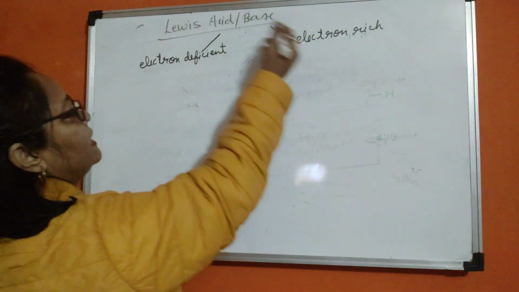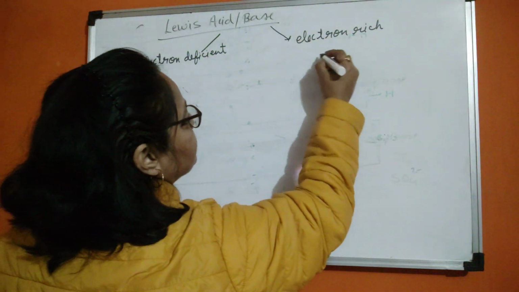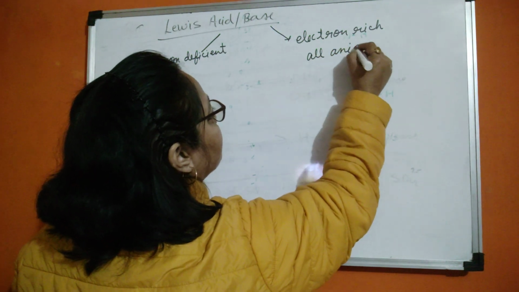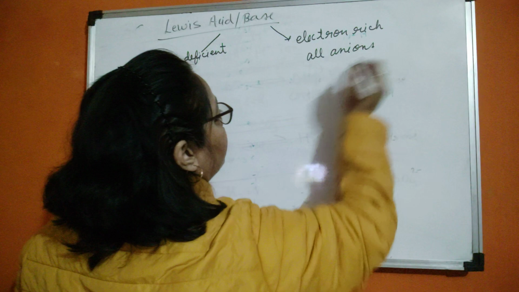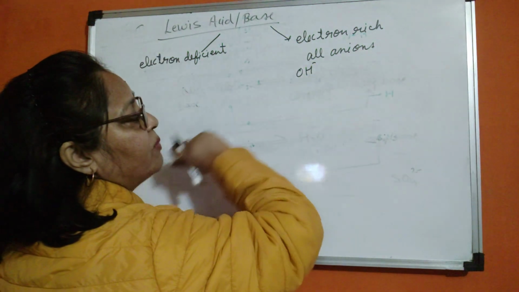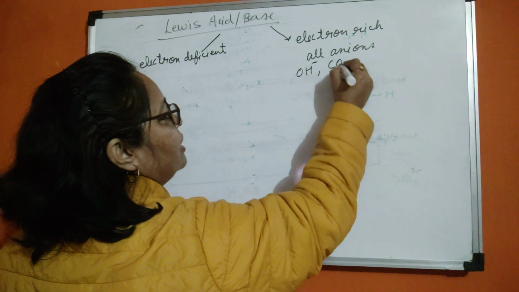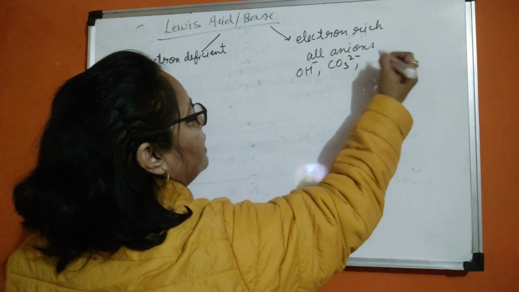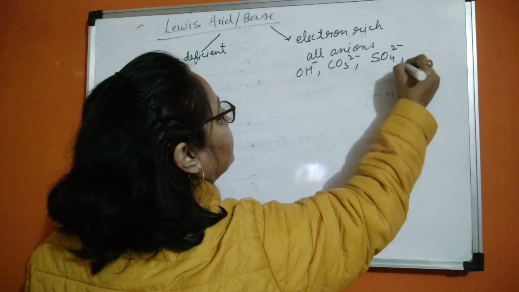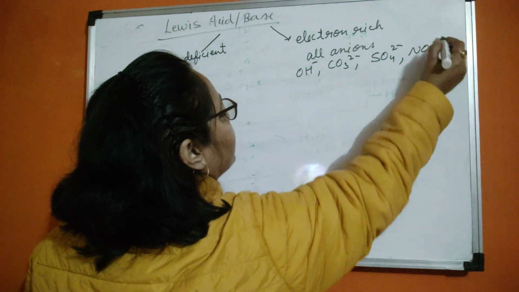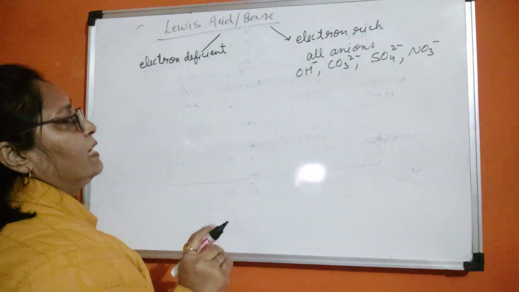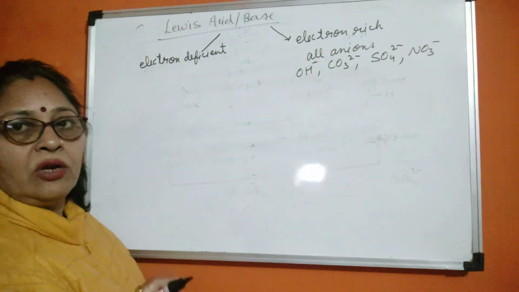Simple examples: Lewis bases are all anions, because OH negative easily donates one electron pair, CO3 2 negative, SO4 2 negative, NO3 negative. All such anions are electron rich, and these are called Lewis bases.